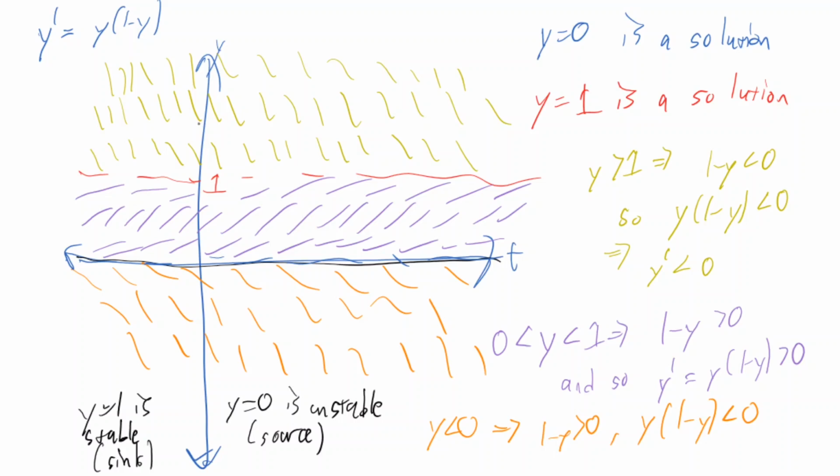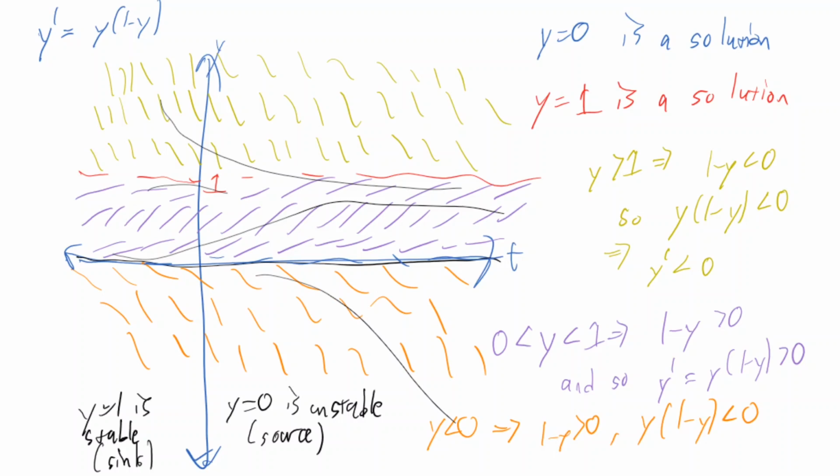So even though y equals 0 is an equilibrium solution, and you start at y equals 0, you'll stay there. You could think of it as putting a ball on top of a hill, where it might be balanced there, but if it goes a little bit in either direction, it's going to go really far away. It's going to roll away. So y equals 0.1 will go really far away from y equals 0.